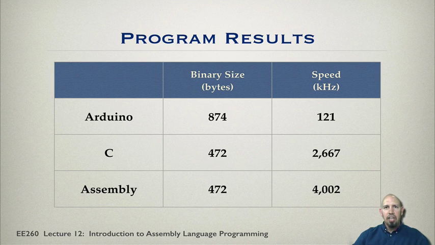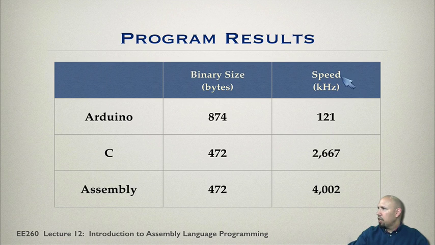Notice that this is not the size of the .ino file. That's the size of the code that's been compiled down to binary, the size of the binary file that's used. These two happen to be identical because they're doing very similar things, just a little bit differently.